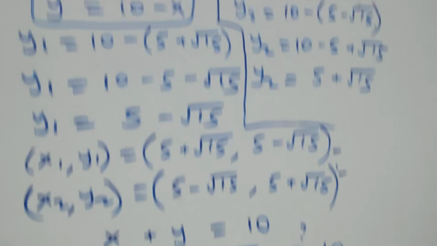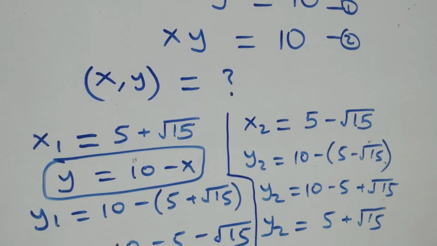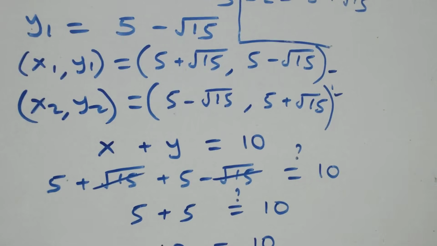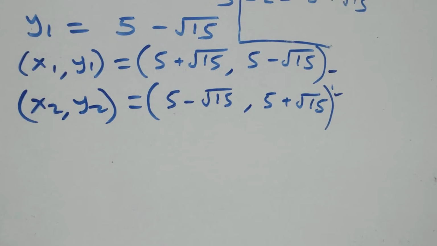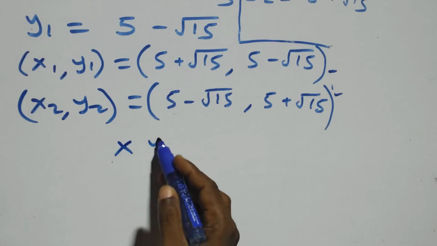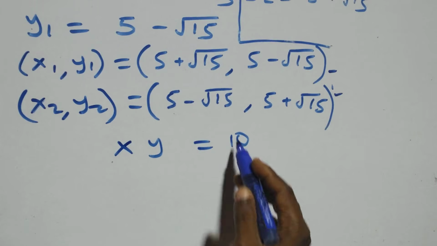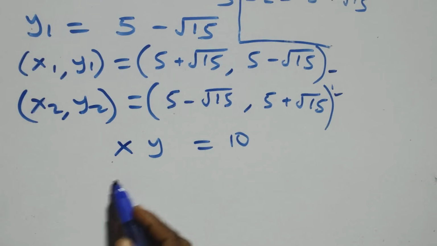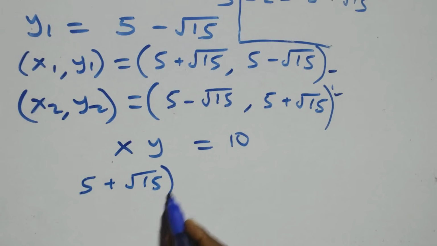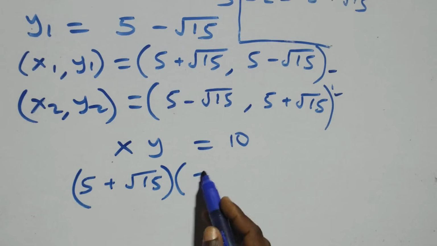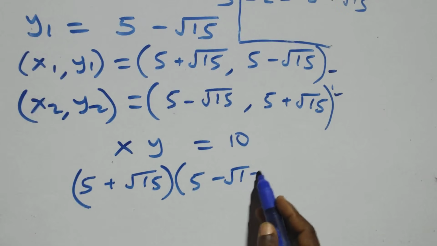Also, for the second equation, which is x times y equals 10, when we substitute as well, we have x times y equals 10. Also, we can use the first set of solution, x, which is 5 plus root 15, times y, which is 5 minus root 15.